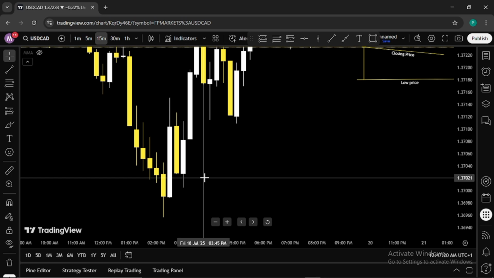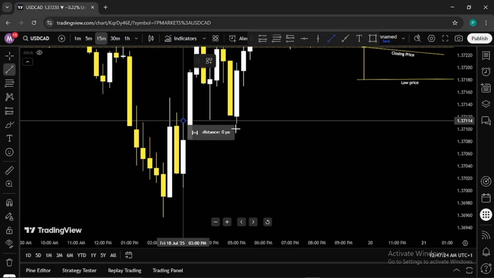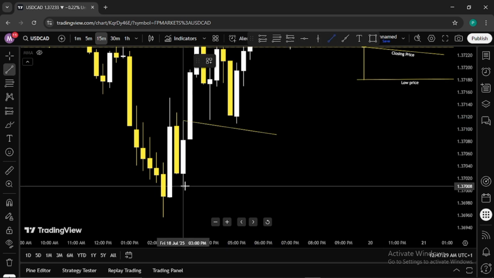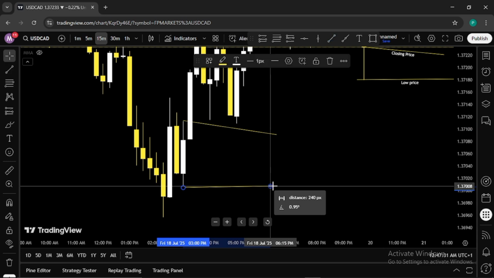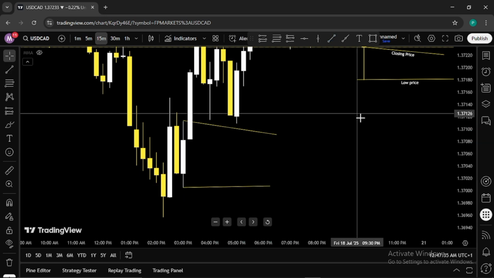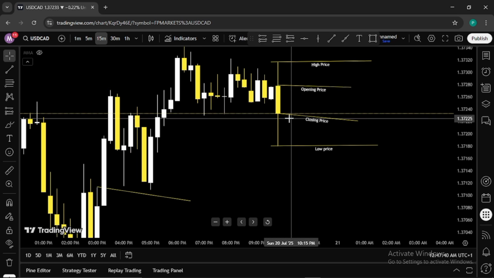So for bullish candles, still the same thing with the high. This is the highest price of this particular candle, right? This is the lowest price of this particular candle. Now the difference is in the open and the close. So for bearish candles, they open above and then close below.